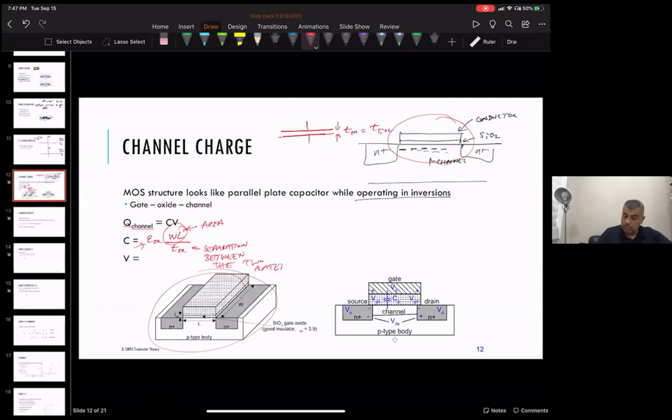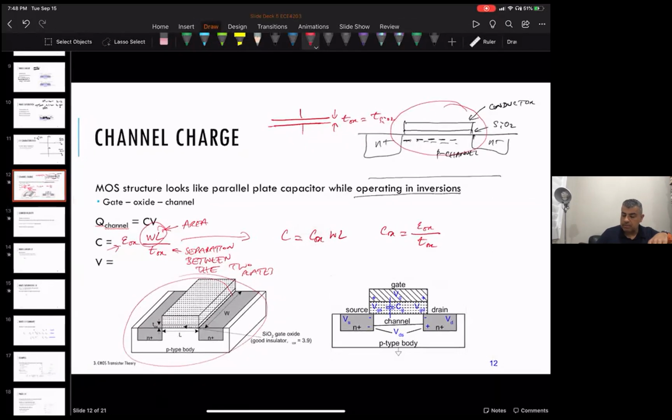Okay, so we can shorthand write this as C equal to C ox W times L, and C ox is defined as the dielectric constant of silicon dioxide over the thickness of the gate oxide. So you'll see this again and again.